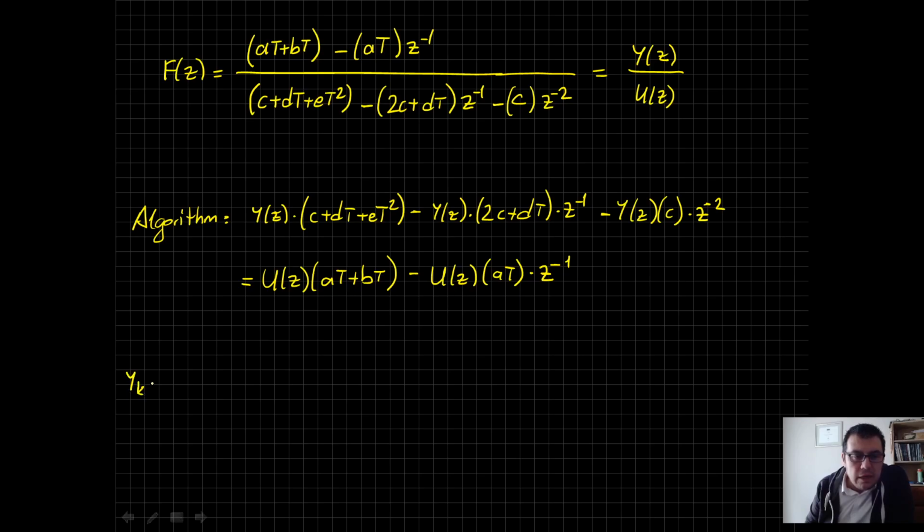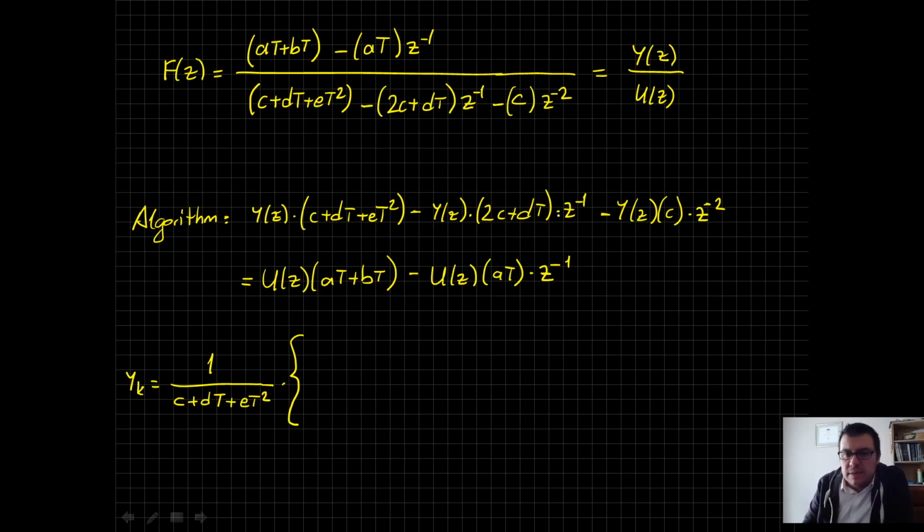y_k, the output at the kth step, should be equal to, if you basically take this to the right hand side with all plus signs and divide everything by this, you have 1 over c plus d times t plus e times t square, times, let's write it this way.